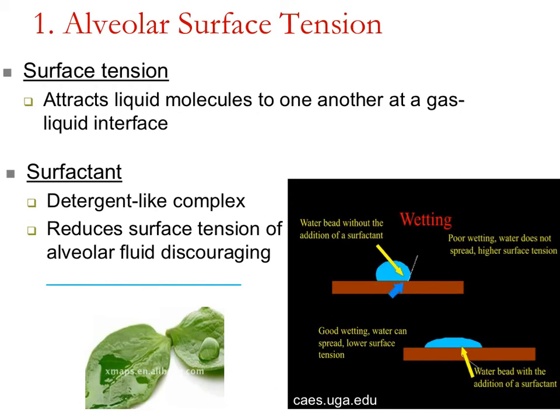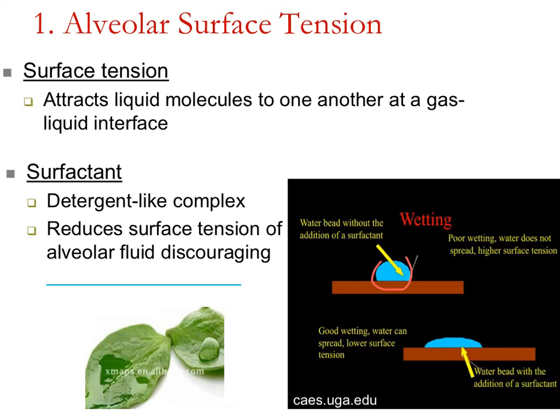Okay, so there's very poor wetting here. If your alveolus was like this, let's see if I can draw this. Okay, the alveolus would end up being really small, right around that water drop, and that's not really ideal for what we're trying to do here. You don't want teeny tiny alveoli.